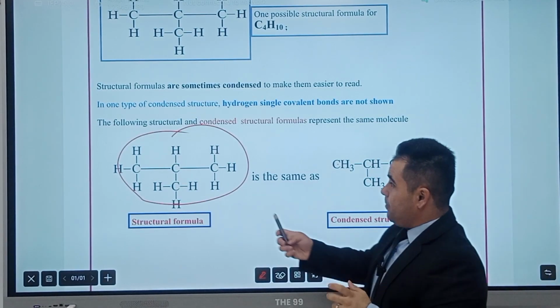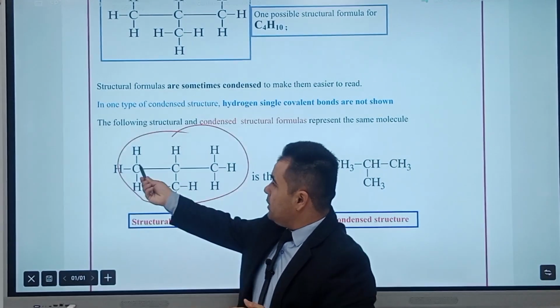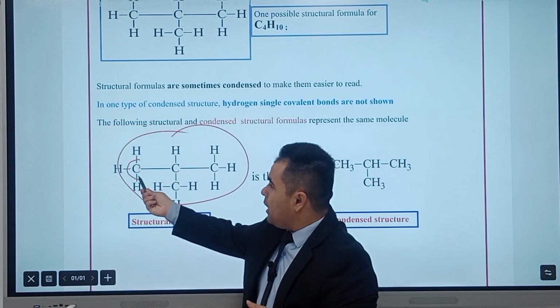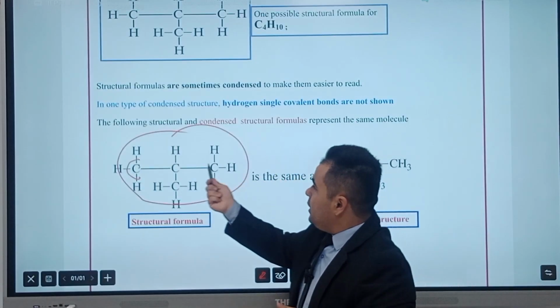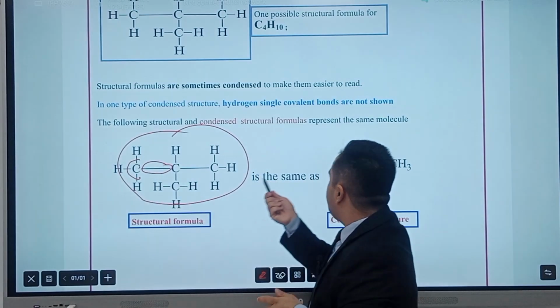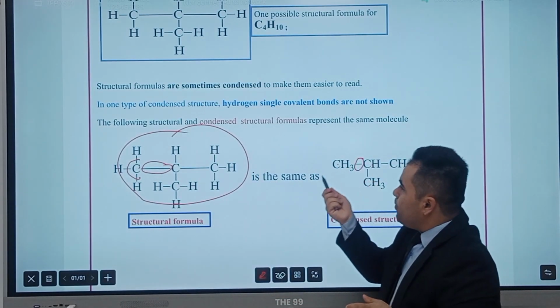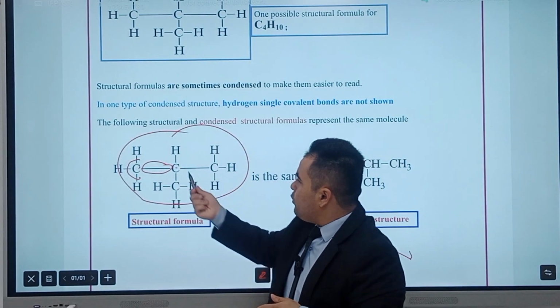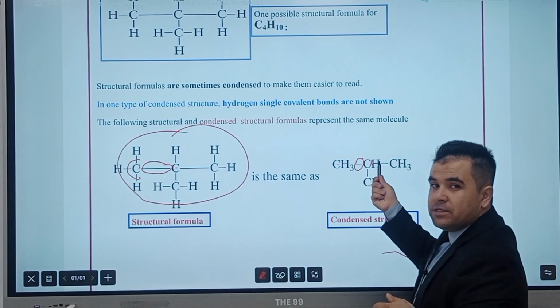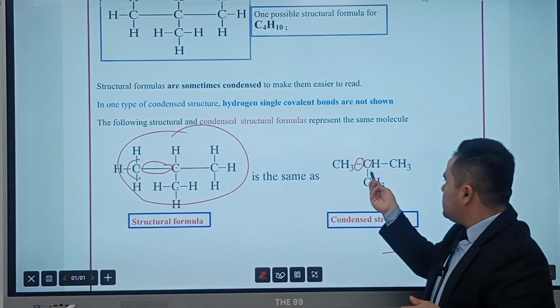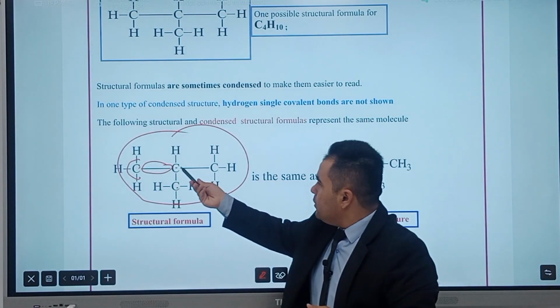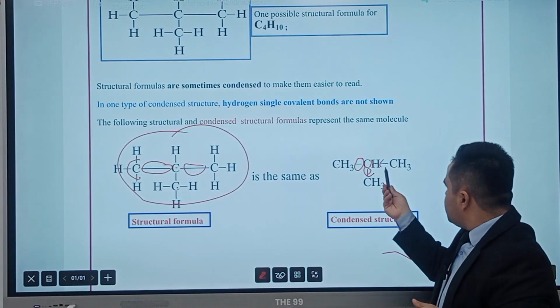Why? As you can see, here we have 3 bonds between carbon and hydrogen, eliminated, so it becomes CH3 only. And then the bonding between carbon and carbon must be represented. The bonding of this carbon with 1 hydrogen is eliminated to form CH, and the bonding of this carbon to the other carbon is represented.